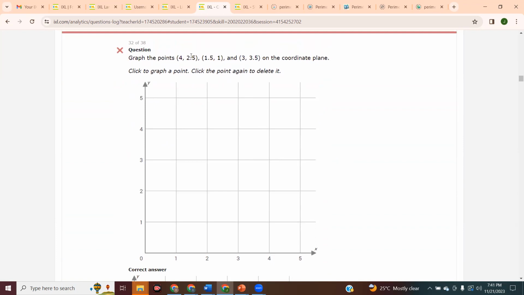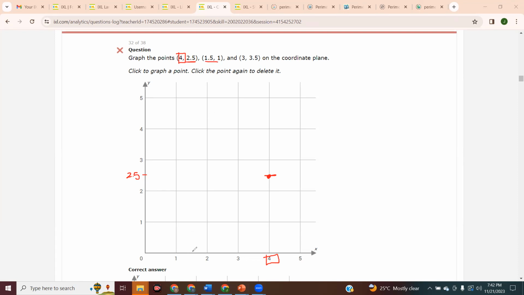For those of you who do not understand the 1.5, you could look at this. When we do a 1.5, obviously you start at 4, right? So you start here. And then they say 2.5. So it's going to be 2.5 right there, because this right here is 2.5, isn't it? And then they say 1.5 and 1.